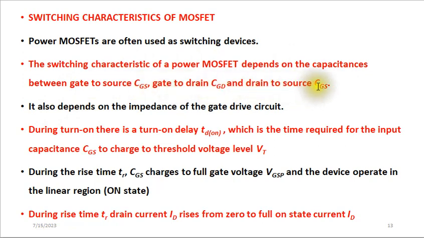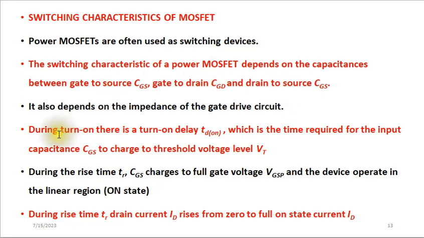Here should be DS, not GS, please. The switching time also depends on the impedance of the circuit used for driving the gate. If the impedance of the circuit is high, definitely the flow of current will be low. Therefore, it will take a longer time, and vice versa.